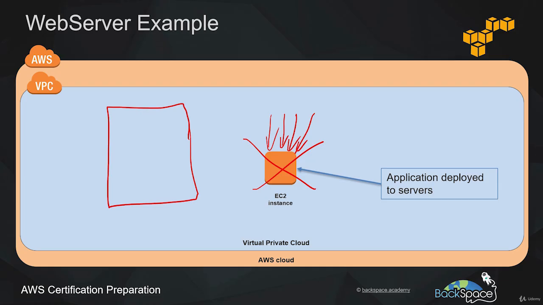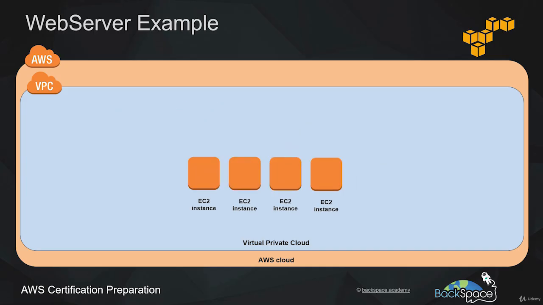And also, what happens when the demand goes back down again? Do we have to tear that down and then put in a smaller instance? And what happens if that happens every day? What happens if that happens every hour? It's just not going to be economical for us to do that. What we can do is horizontally scale, and we do that by adding more instances.